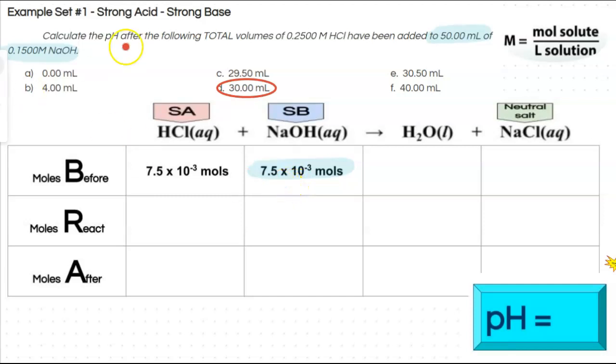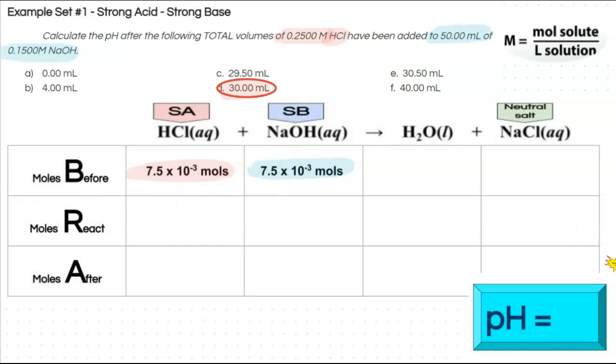And I have my 0.25 molar hydrochloric acid, and this time I'm adding 30 milliliters. Again, putting that into the molarity equation, molarity of 0.25 times the solution volume of 0.03 liters, remember convert milliliters to liters, that gives me a mole value for the acid of 7.5 times 10 to the negative third.